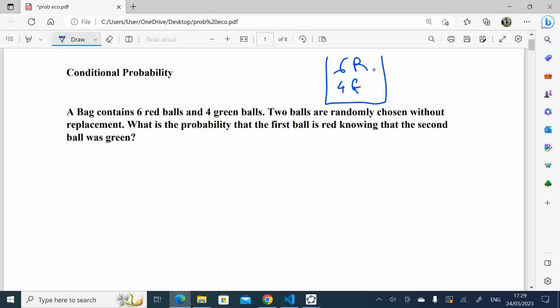So let me define the first event R1, which is the first ball is red, and G2 is when I choose the second ball is green.